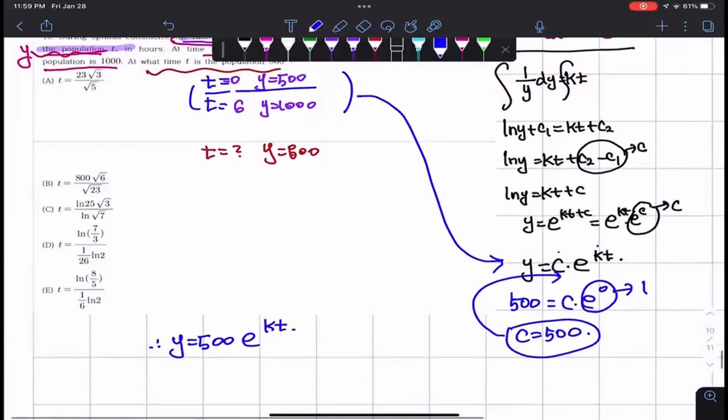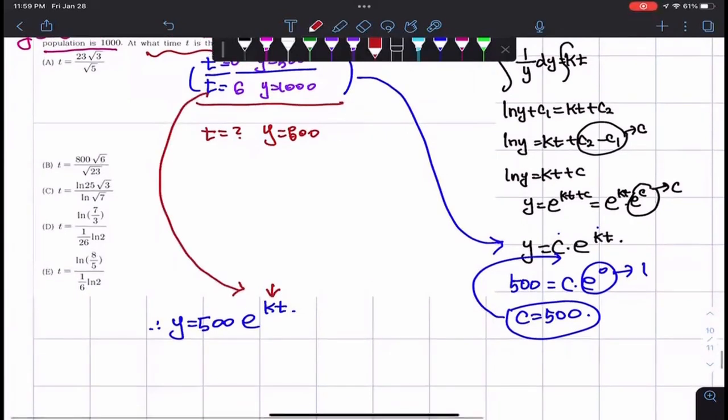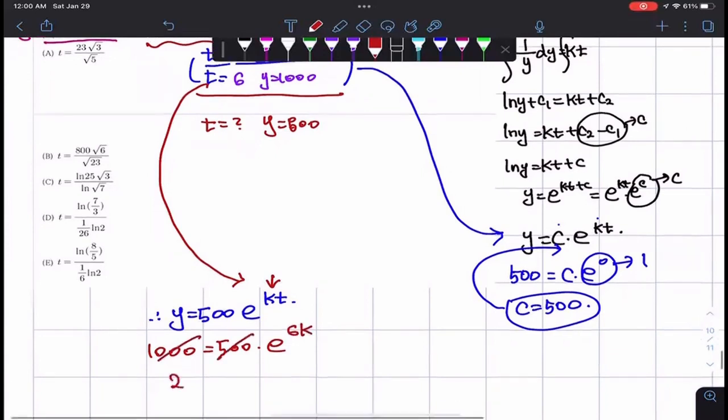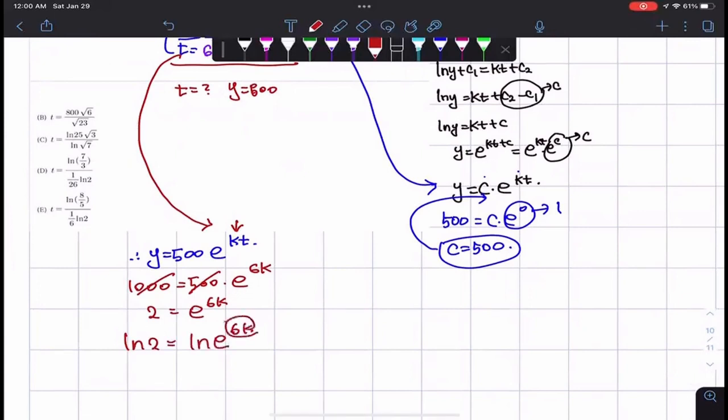Let's find the constant k by using the second assumption. Plug in this value: 1000 equals 500 times e to the power of 6k. Divide by 500 and apply ln on both sides to bring down the exponent like this.